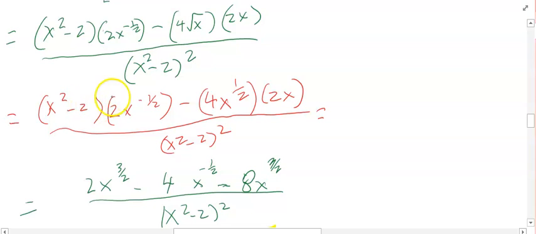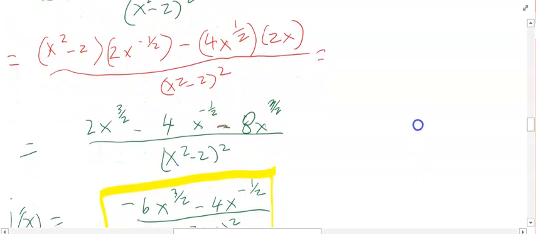And then 2 times 2, that is 4, so that's 4x to the negative 1/2, minus 4x to the 1/2 times 2x, so that's x to the 1, and x times x to the 1/2, that would be x to the 1 plus 1/2, so that's x to the 3/2, and then 4 times 2 is 8, so that's how we got our 8x to the 3/2.